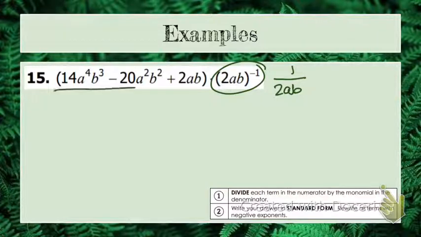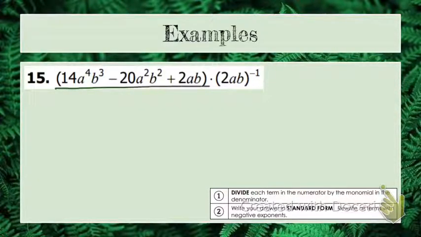So we're multiplying this trinomial by 1 over 2ab, and when you multiply fractions, you multiply the tops and multiply the bottoms, and this is understood to be a 1. So really, whenever we have this to the negative 1 power, we are just going to put all of this over 2ab. And now if it had been a 2, we would have to square all this, but it wasn't. So then we can forget about this guy.